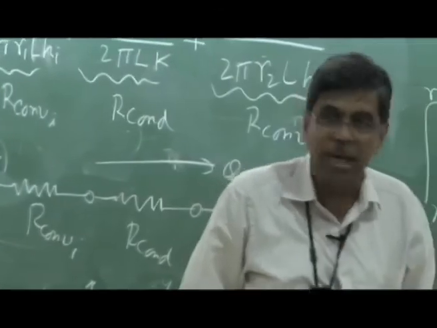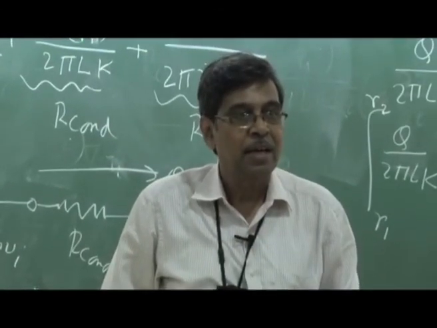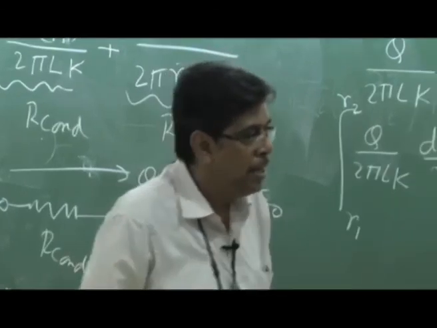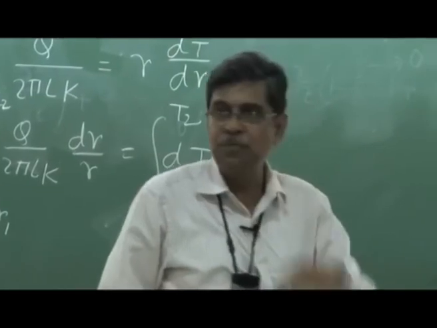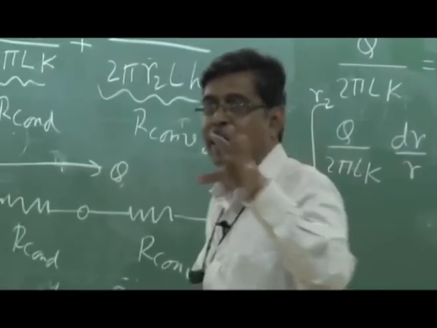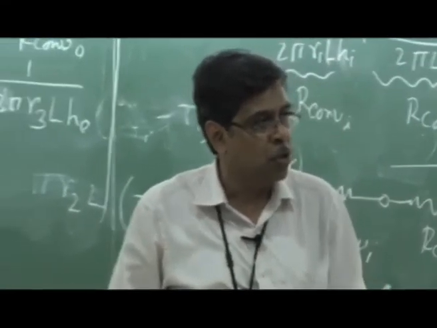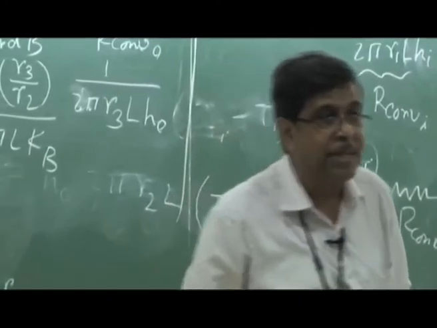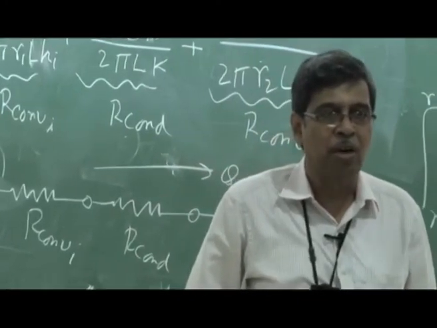You understand me? So the two counteracting things result in a very interesting problem, the critical thickness of insulation. That means if you insulate a cylindrical pipe by adding insulating material whose thermal conductivity is relatively much lower than the common conducting material, it does not always mean that we are going to reduce the heat loss.